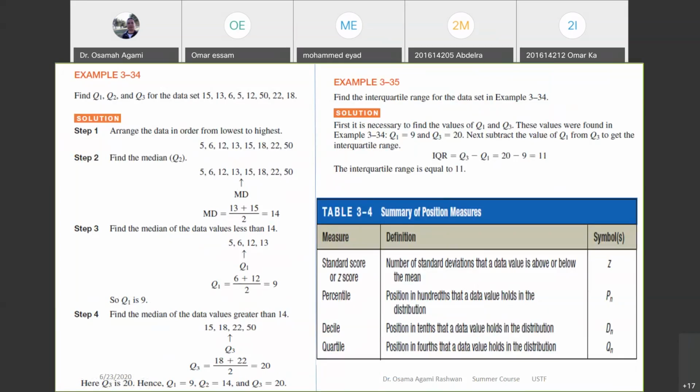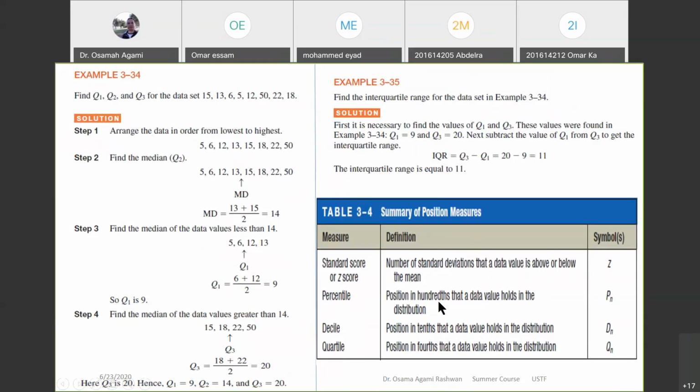A summary of position measures. We start with the z-scores, which tell us where the value is lying. It is less than the mean or greater than the mean, to the right of the mean or to the left of the mean, when I have a graph for my data, a histogram or polygon or something.